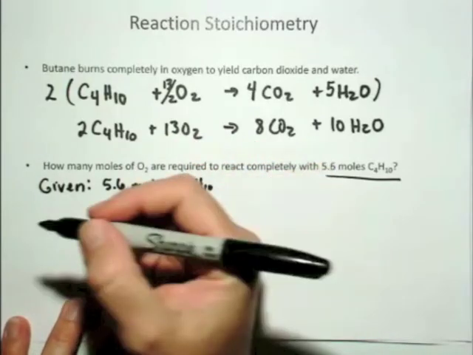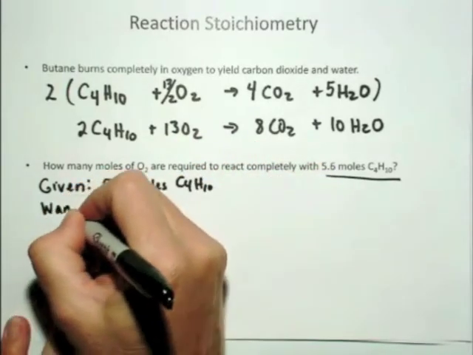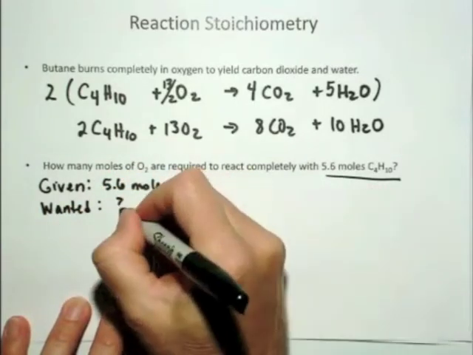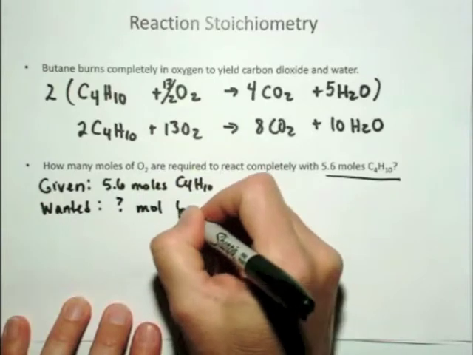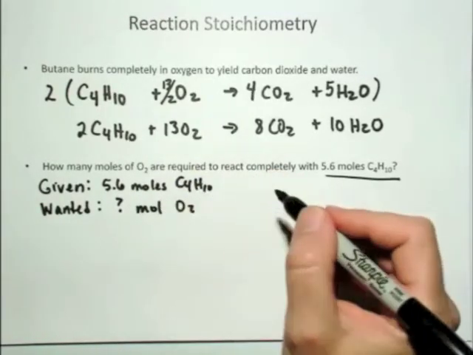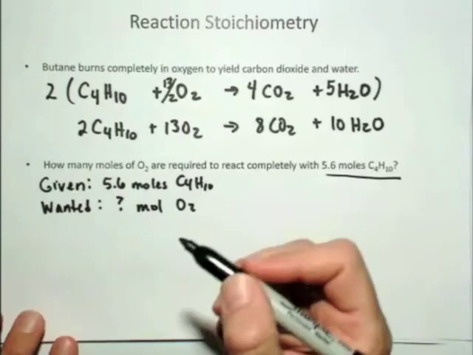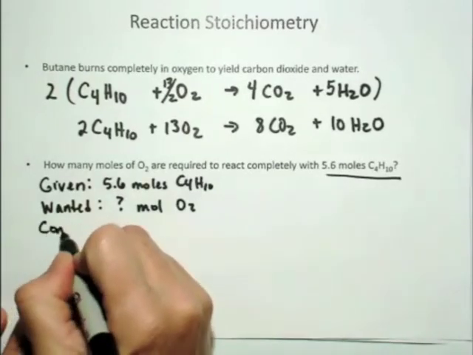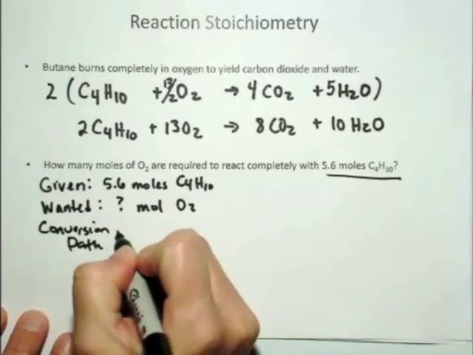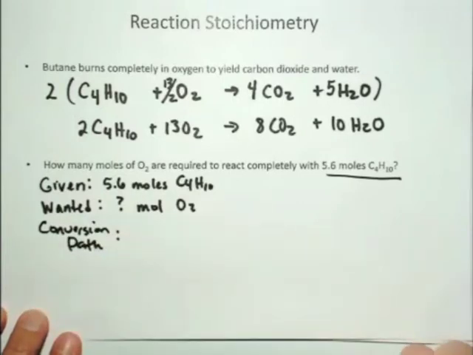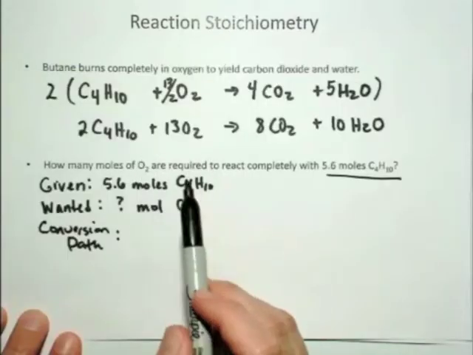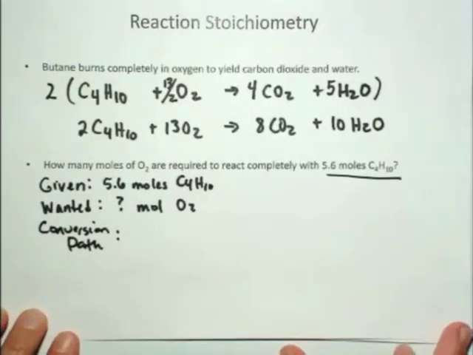And then what's wanted is how many moles of oxygen are needed to combust completely 5.6 moles of butane. All right, so then we need a conversion path to get from moles of butane to moles of oxygen. And if I just have this reaction, I can use the reaction to get my conversion path.